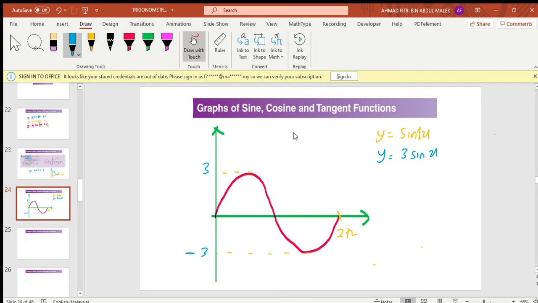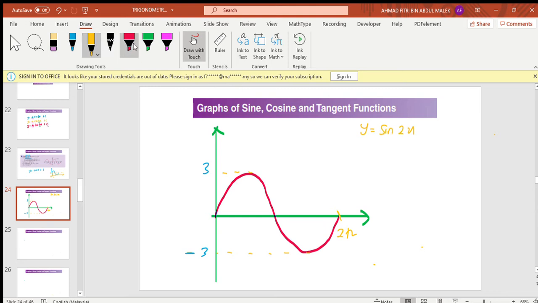Now if I want to draw y equals sine 2x, how do I draw it? It means that there should now be two cycles in 2 pi.